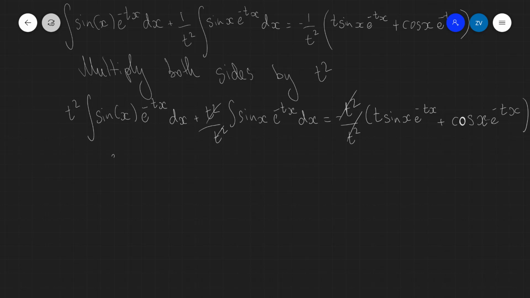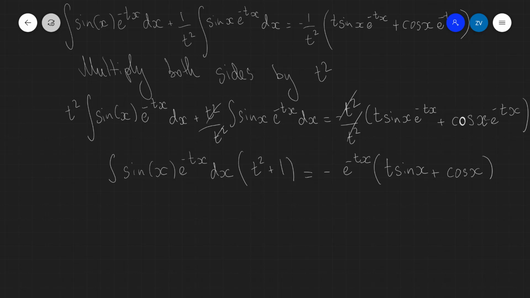So I'm going to say that the integral of sine of x e to the minus tx dx, and then we're going to open some brackets, and we're going to have t squared plus 1 will be equal to minus, and over here we could factorize e to the minus tx out. What we're left with is t sine of x plus cosine of x, like so, and we're nearly done.